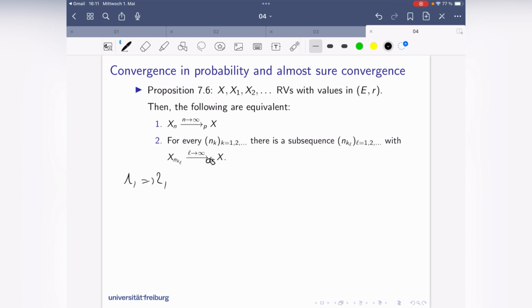So take a subsequence, and for the subsequence I know, of course, that the expectation of d(X_{n_k}, X) minimum 1 goes to 0, which means that I can find another subsequence n_{k_l} such that it doesn't only converge to 0, but it's summable.